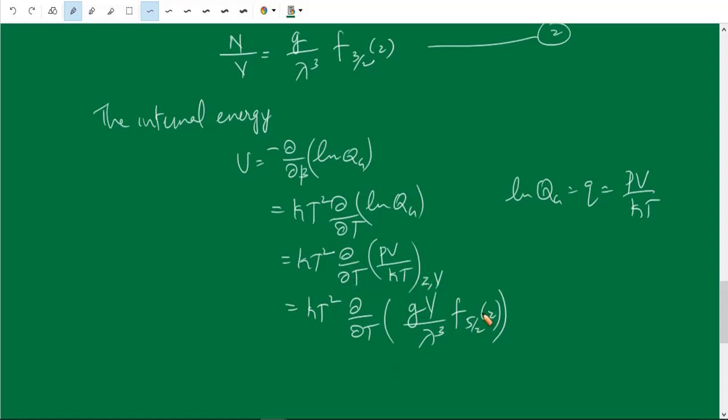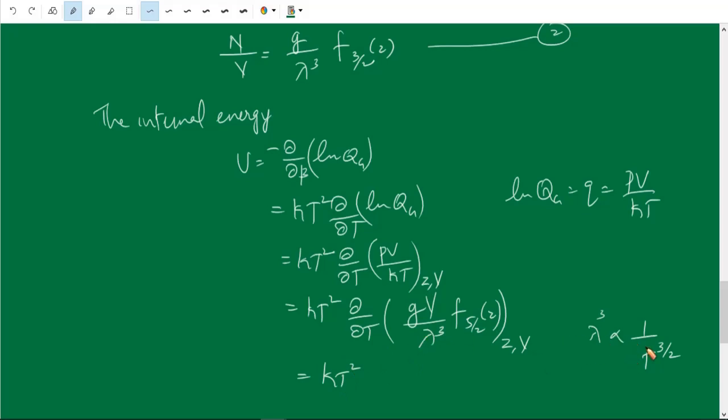Here lambda cube is proportional to 1 by T raised to 3/2, h divided by 2 pi m kT whole raised to 3/2. If you differentiate this, Z is constant, V is constant, and g is anyway constant, so this will become KT square.